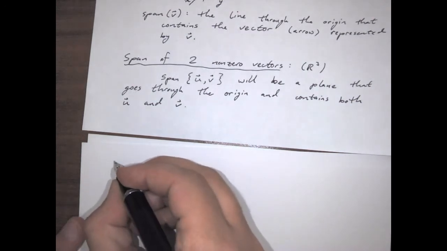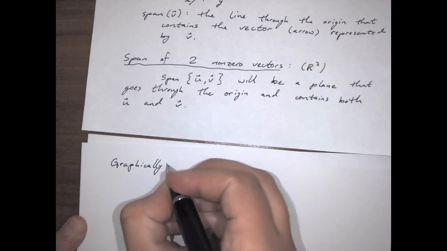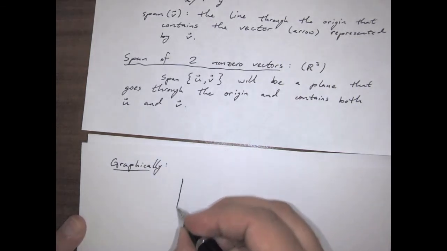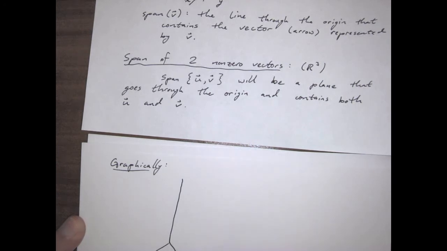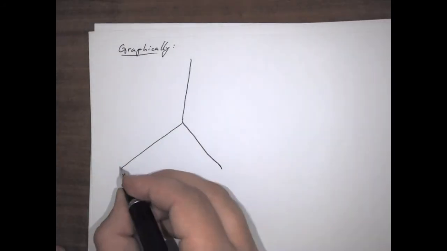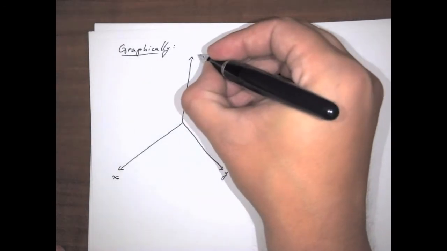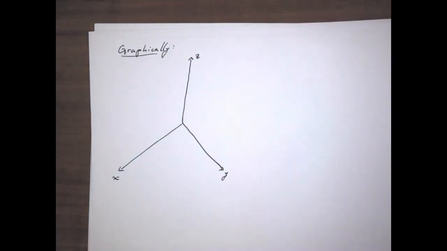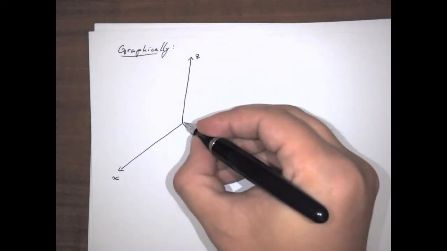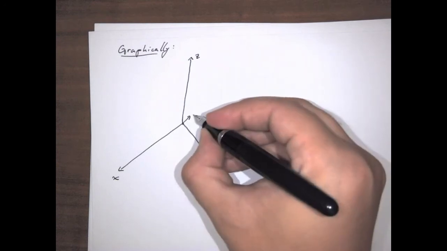And then as a diagram, graphically, what this could look like is, let's say we've got the three dimensions pointing in the direction of the x-axis, the y-axis, and the z-axis. And let's say we've got two vectors. I'm going to draw them kind of short and small because this is very difficult.